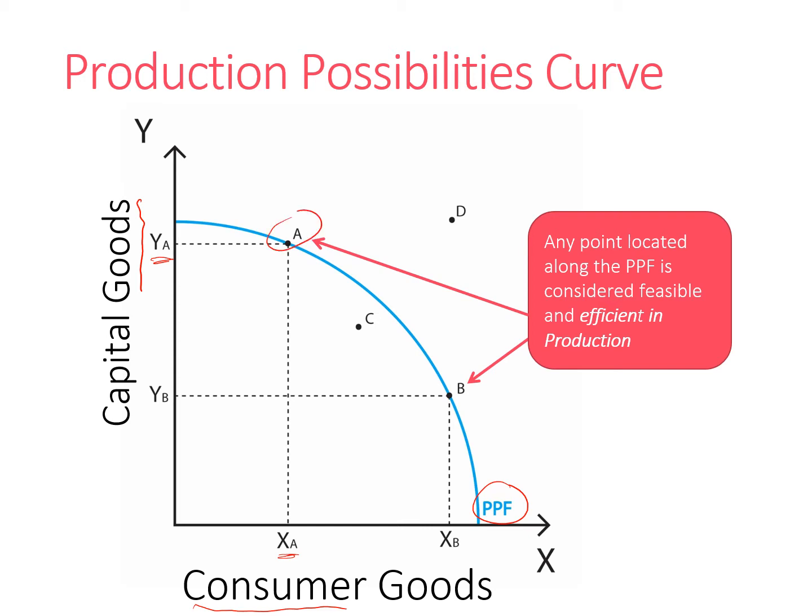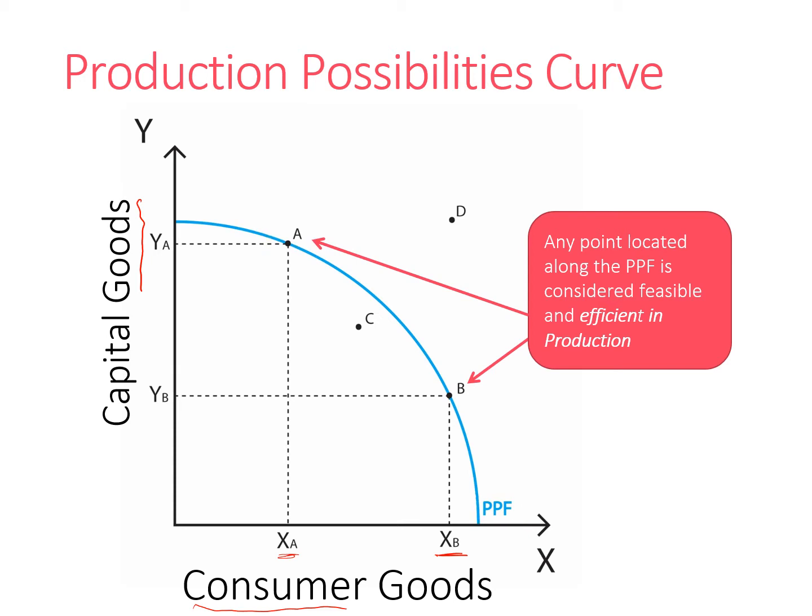So point A is efficient. Alternately, we could produce level YB of capital goods and level XB of consumer goods, and we'd be at point B on the production possibilities frontier. Since it's touching the curve, it means it's efficient and feasible in production. So just in case you didn't know, guys, the word feasible just means realistic or possible.